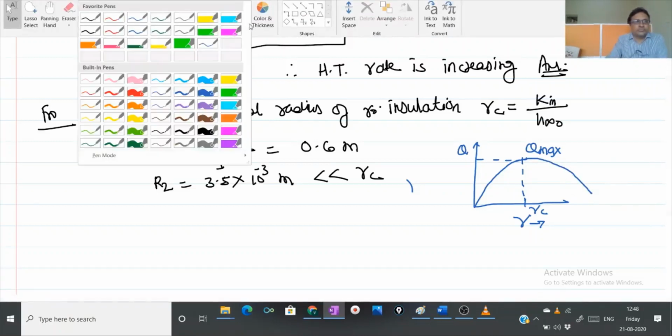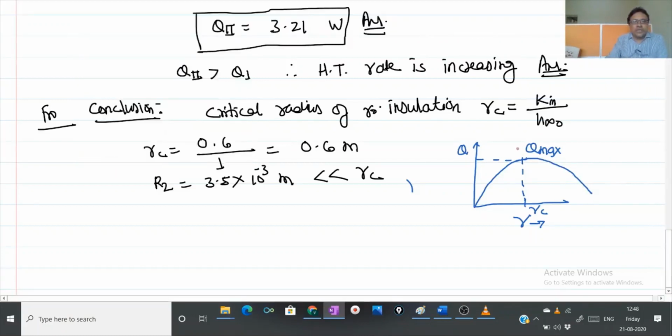In the present case, the radius of insulation R2 provided over the copper rod is less than the critical radius of insulation. So what conclusion can we draw?